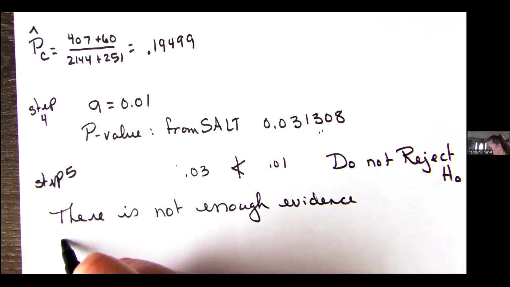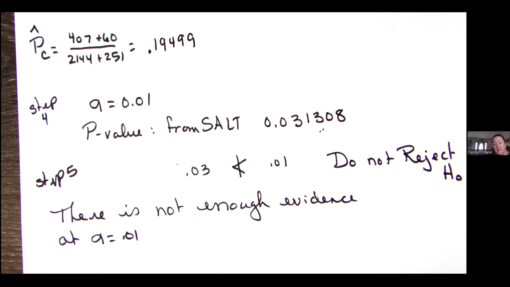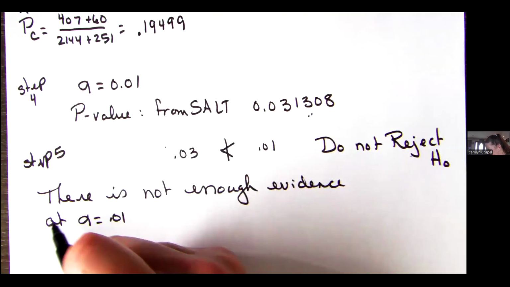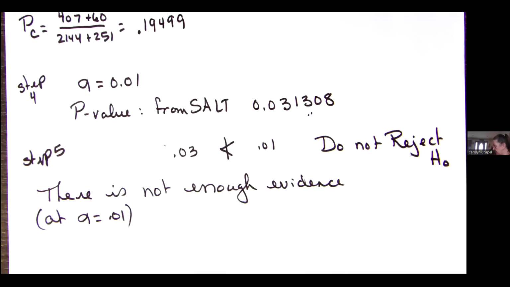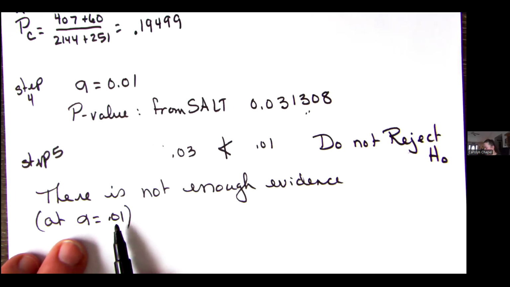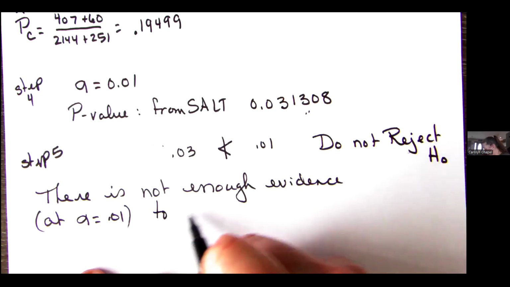Some people might even put in at alpha equal to 0.01 or at the 1% level. Some people put that in there, some people do not, because the general public does not understand this whatsoever. Anyone in research probably would.